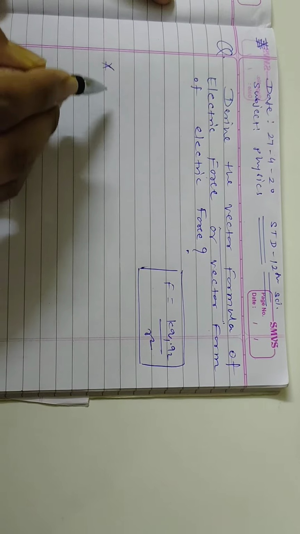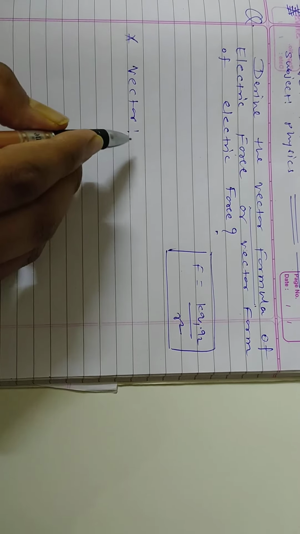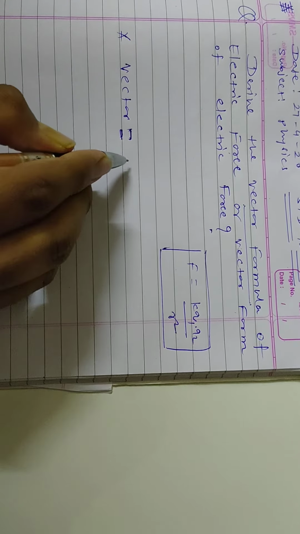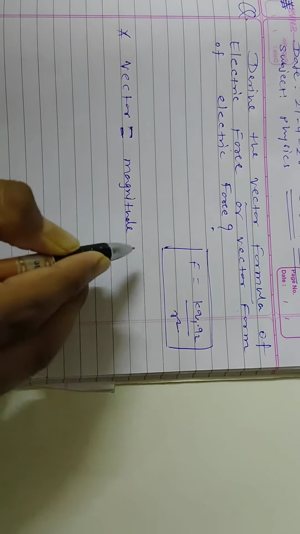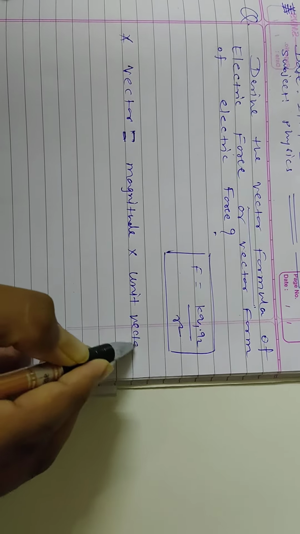Now first of all, what is a vector? As we know in 11th science, vector is equal to magnitude multiplied by the unit vector of its own direction.